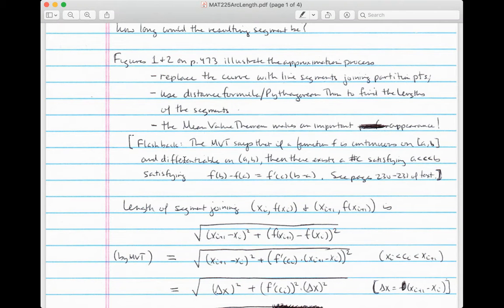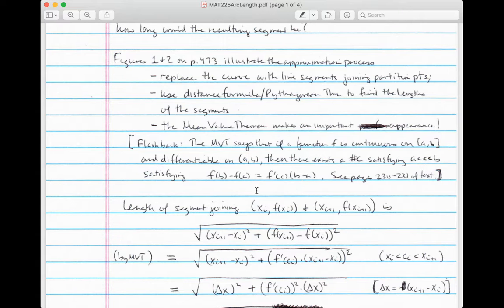It says that if a function is continuous on a closed interval and differentiable everywhere except possibly at the endpoints of that interval, then you can find a number c in the interior of the interval, a less than c less than b, satisfying f of b minus f of a equals f prime of c times the quantity b minus a.